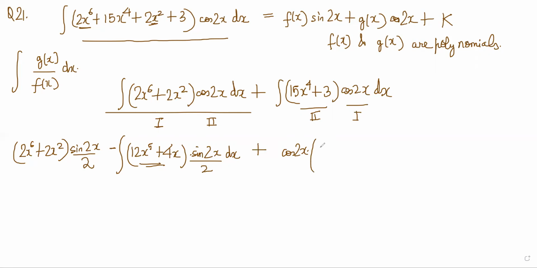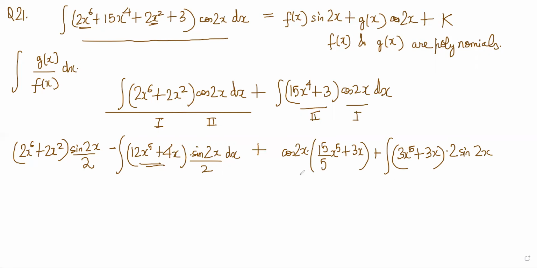That will be 15 by 5 x power 5, plus 3x, minus the integral of the derivative, 3x power 5 plus 3x, into minus of 2 sine 2x. So minus minus becomes a plus, so it becomes a 2 sine 2x.